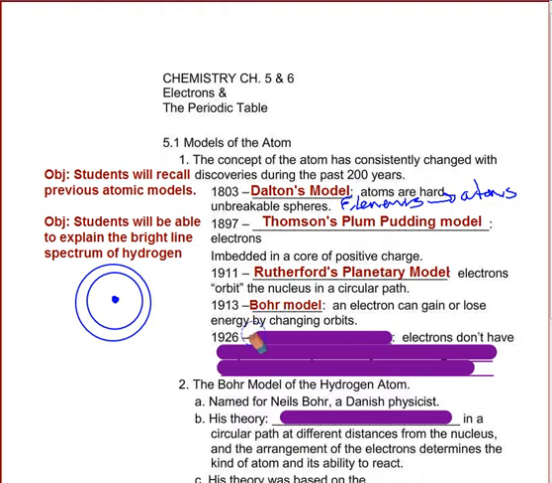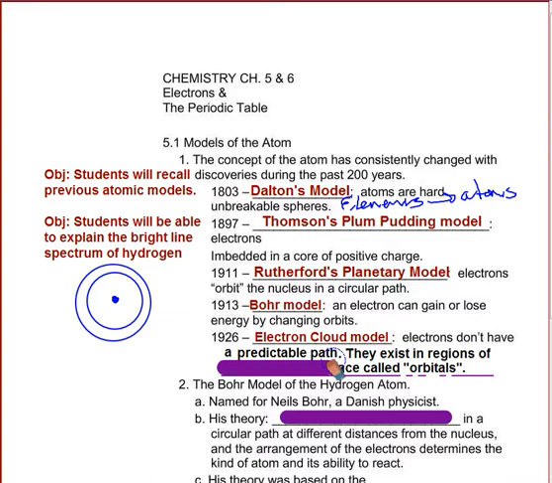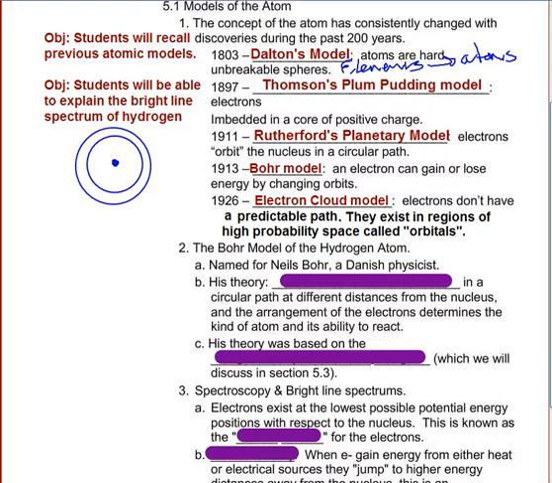Then in 1926, we came up with the electron cloud model, where electrons don't actually have a predictable path. They can exist in regions of probability space called orbitals. This is a really obscure concept to grasp, and we'll get into more of that later and how we come up with these orbitals. But let's start with the Bohr model of the atom.